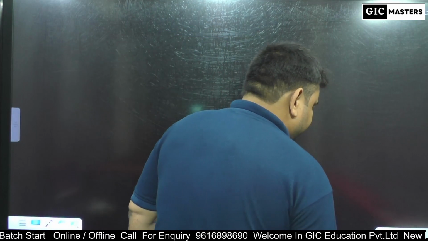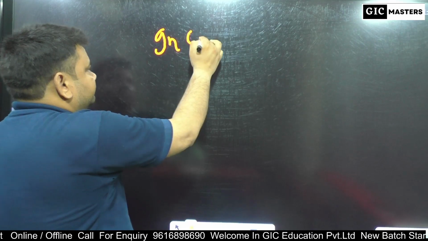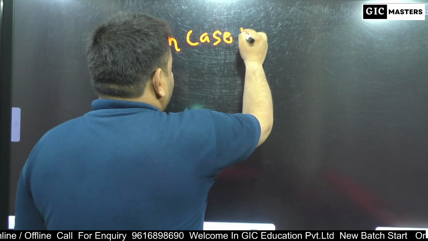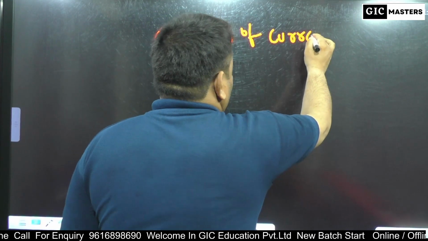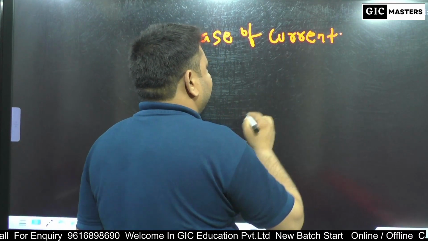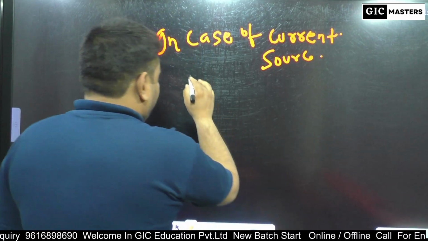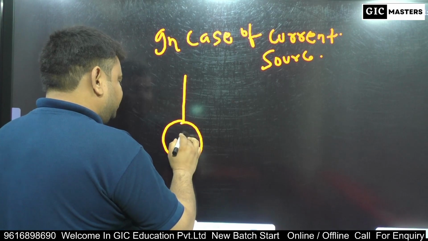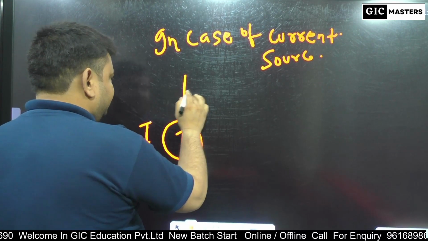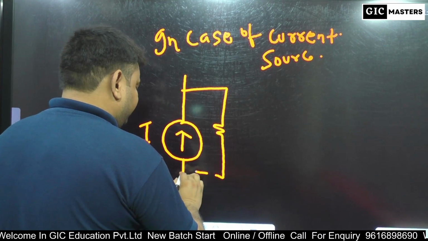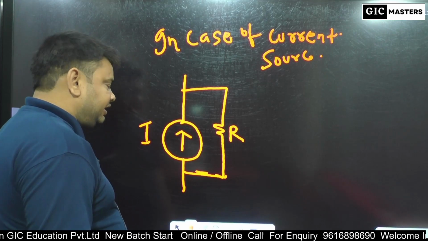Similarly, in case of a current source, this current source is parallel with the load resistance RL.